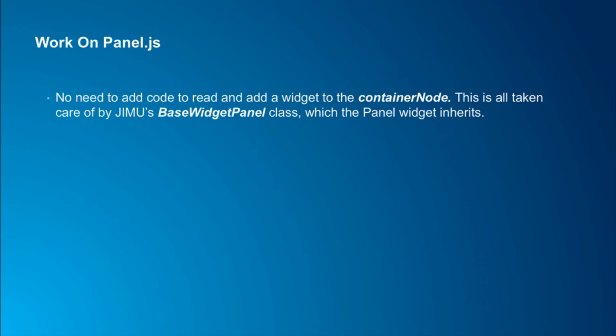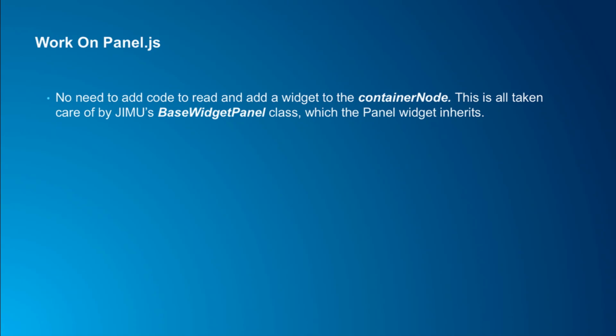And for the content, to display the content of the widget and attach it into the container node element, we don't need to do anything, because the panel widget inherits or extends from this GMU base widget panel class. Basically, this class is doing everything already for us.